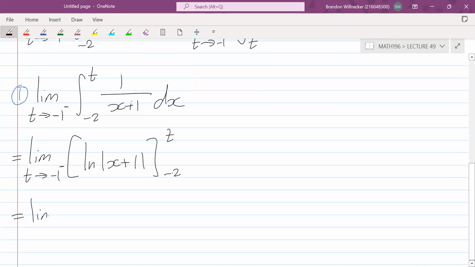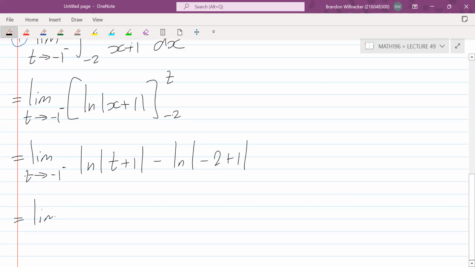So that's going to be the limit as t approaches -1 from the minus side. If I substitute t, I'm going to get the natural log of the absolute value of t plus 1, minus the natural log absolute value -2 plus 1.